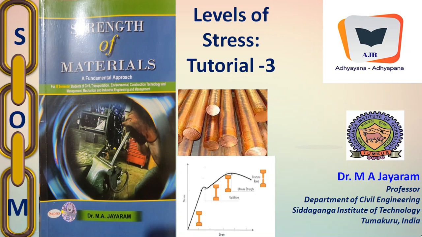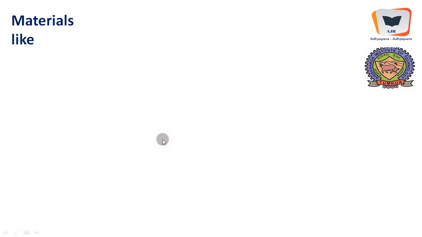Hello my esteemed viewers, in this tutorial we will clearly explain the various stress levels that are reached by the material whenever the component, which is made out of a particular material, is subjected to an axial load which is gradually increasing.